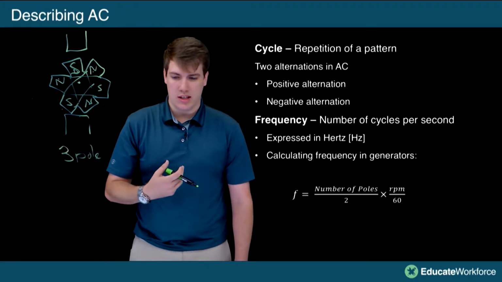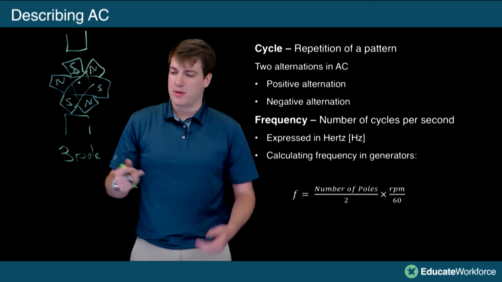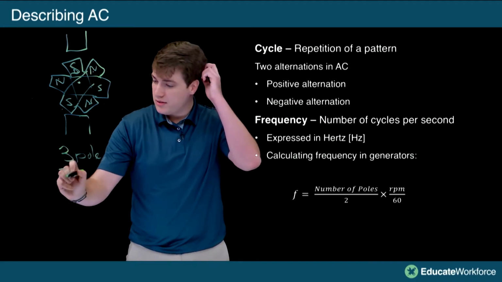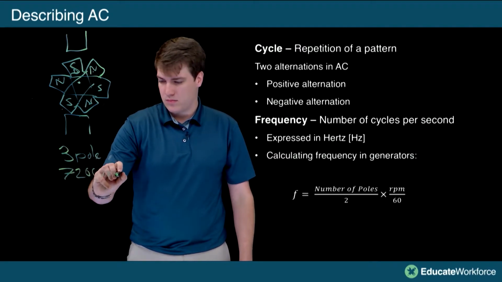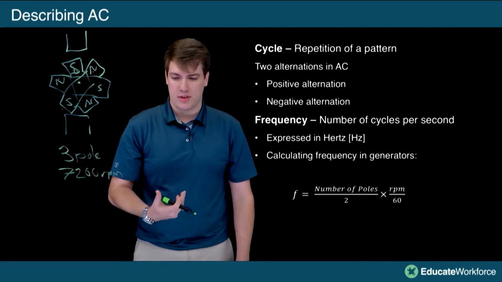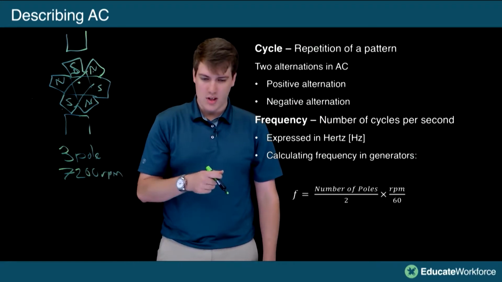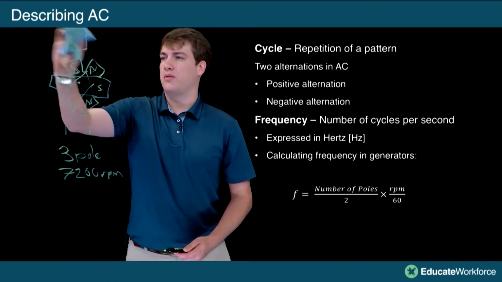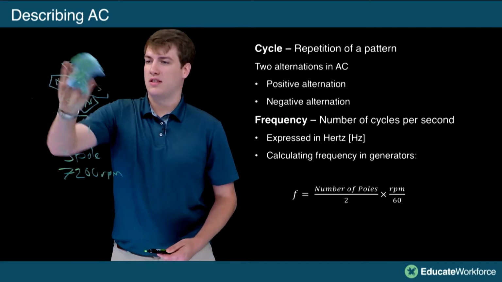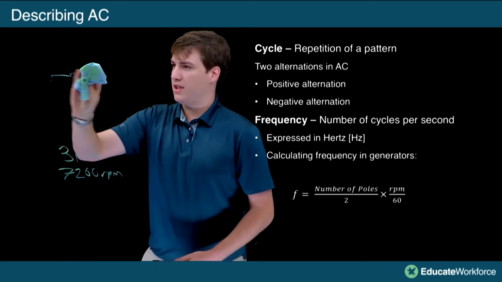And then we need how many rotations per minute? For sake of argument, let's say we have 7,200 RPM. Then we can figure out the frequency of our output waveform just using this formula. I'll go ahead and write this out in a better way. We'll erase our generator and just do the calculation.